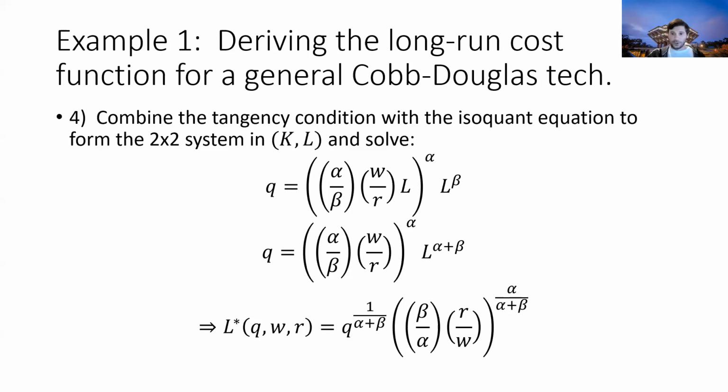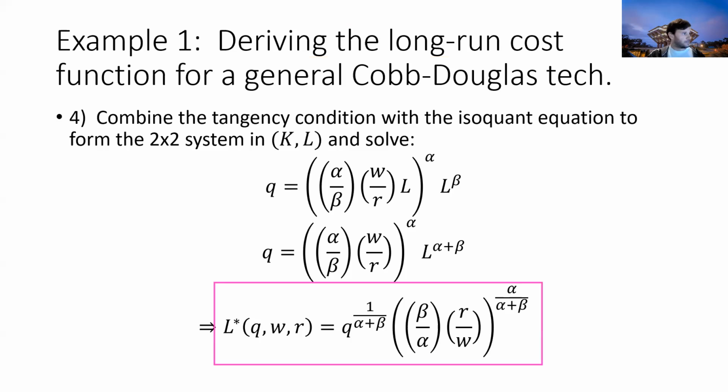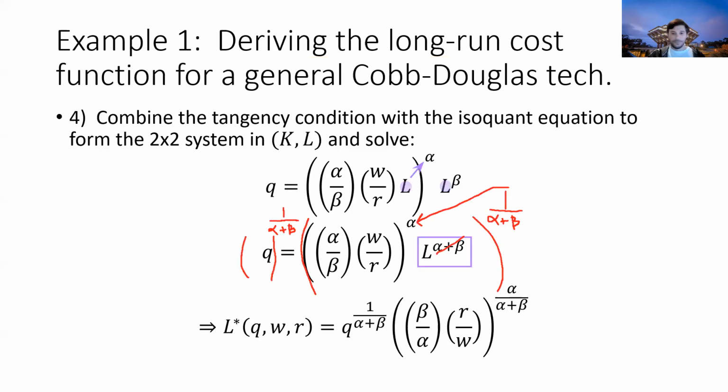So if you go back a couple steps, what I'm going to be left with here, if you look at the purple box on that second line, I'm going to have an L on the right-hand side, which means I have to divide everything else over to the left. Is that clear? I have to move all that other stuff over to the left.